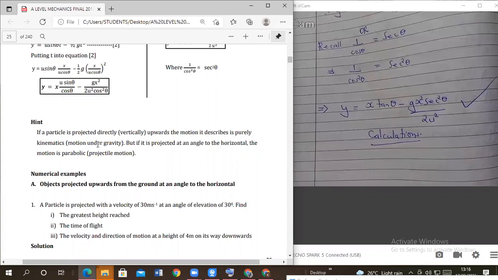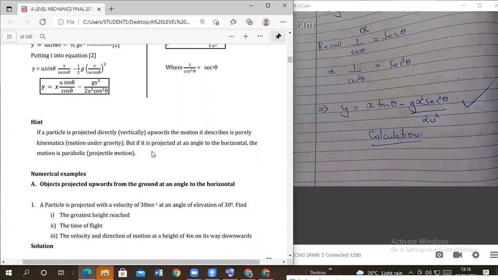But if it's projected at an angle to the horizontal, the motion it describes is what we call projectile motion, and the path is parabolic in nature, a parabola.